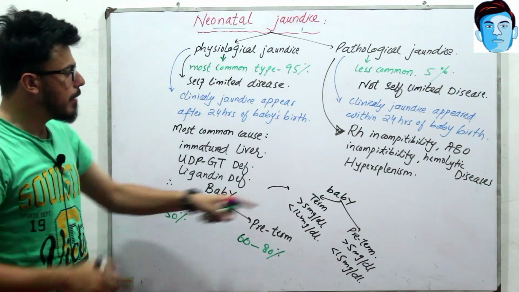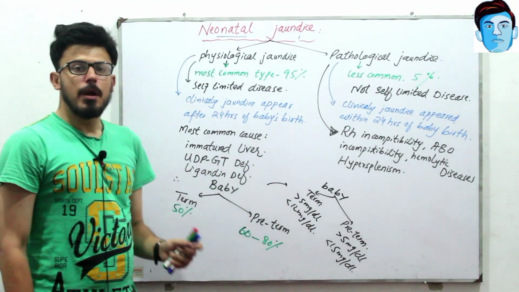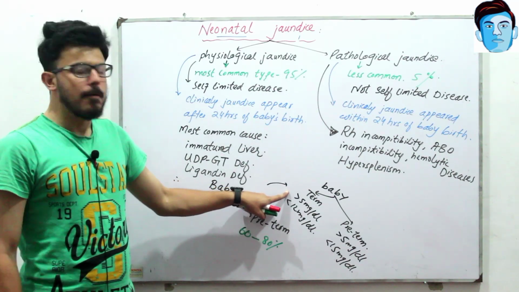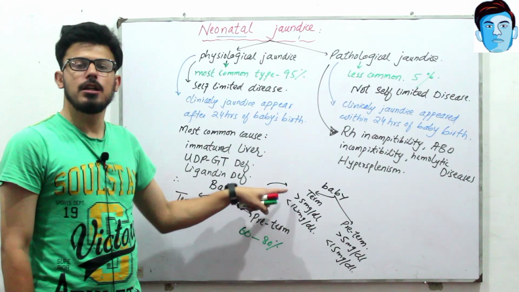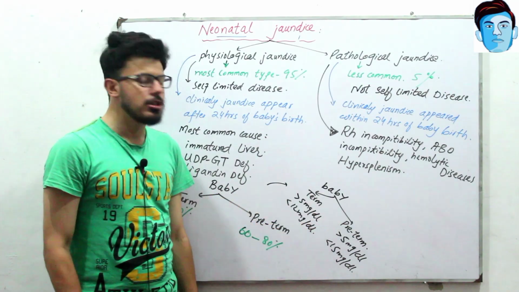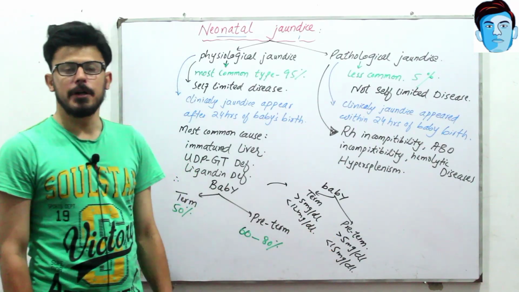So if the baby is born at term and has physiological jaundice, the value of serum bilirubin would be more than 5 mg per dl but less than 12 mg per dl. But if the baby is born preterm, the serum bilirubin will be more than 5 mg per dl but less than 15 mg per dl.